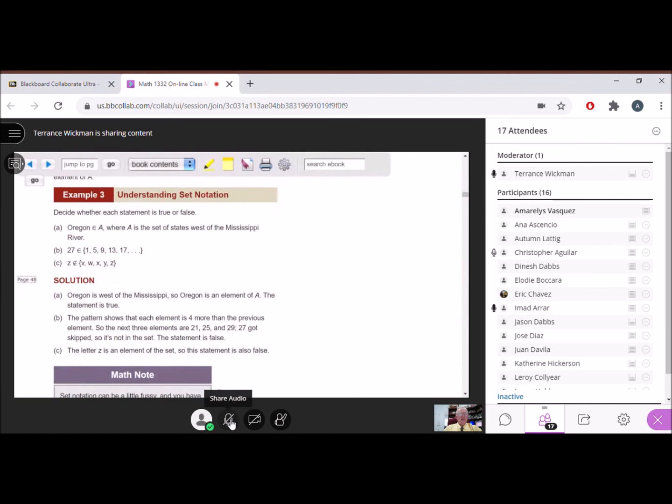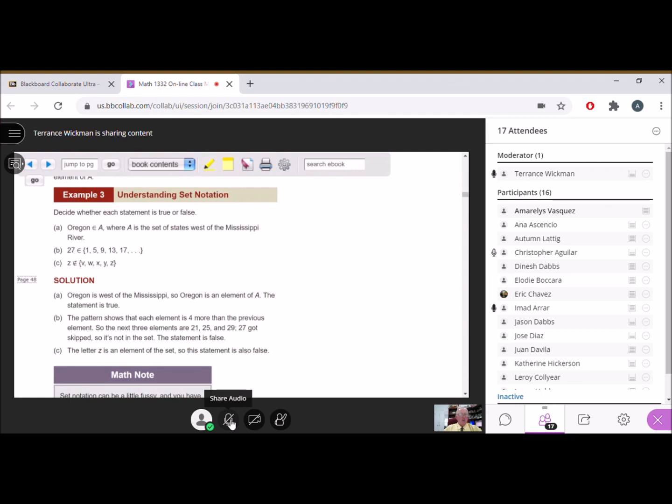Now, understanding set notation. This is number 3, and it says decide whether each statement is true or false. States west of the Mississippi. Oregon is west of the Mississippi, so yes, it's a member of A. Is 27 an element of this?